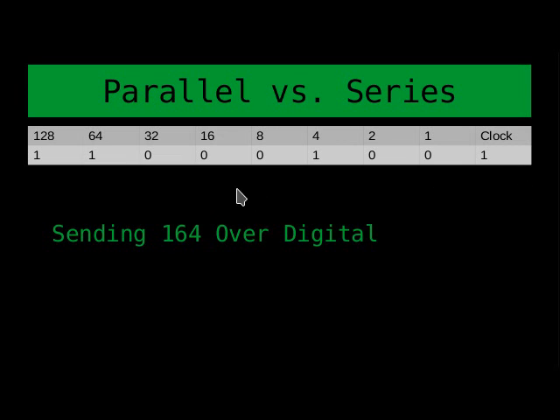But you would think that because parallel is sending 8 bits at the same time, that it would be faster. It's kind of like fire running uphill, though, with this. It's an anomaly. And the reason why is that all of these bits have to be set individually on the parallel, and they have to be read individually on the distant end system.